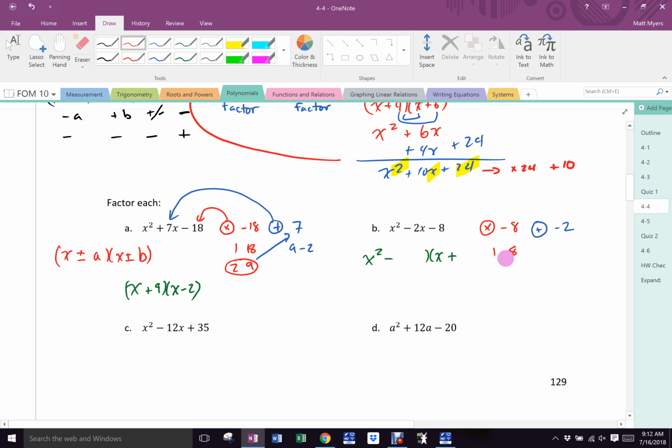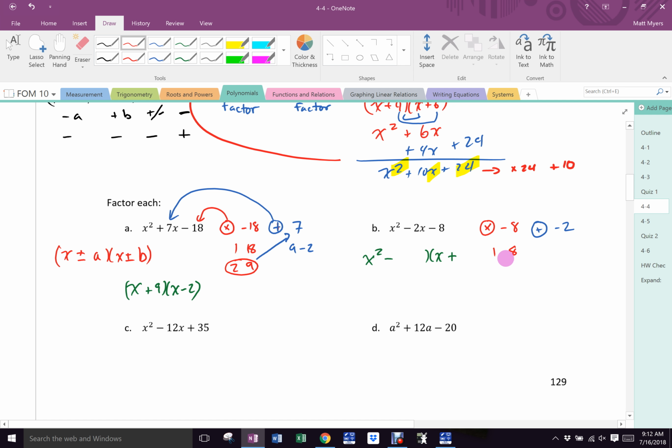All right. So, this one's troublesome, right? Because you're like, oh, it's 10 and 2. 10 and 2 makes 12. Except 10 and 2, when they multiply together, doesn't make negative 20, does it? Okay, Mr. Meyer, so it's negative 10 and 2. No, because negative 10 and 2 won't make 12. Okay, so it's negative 2 and 10.